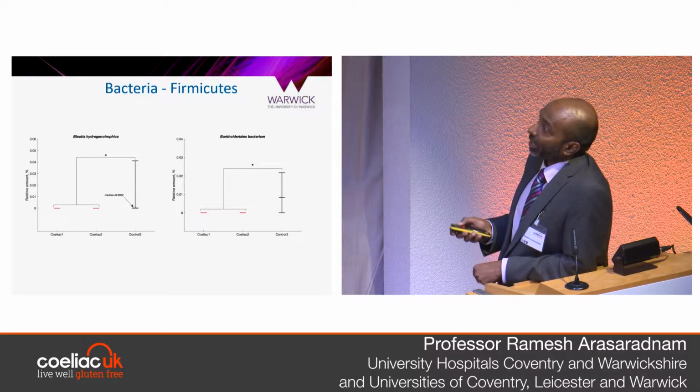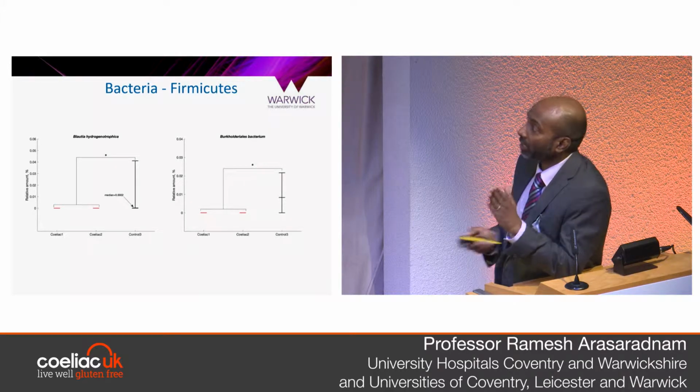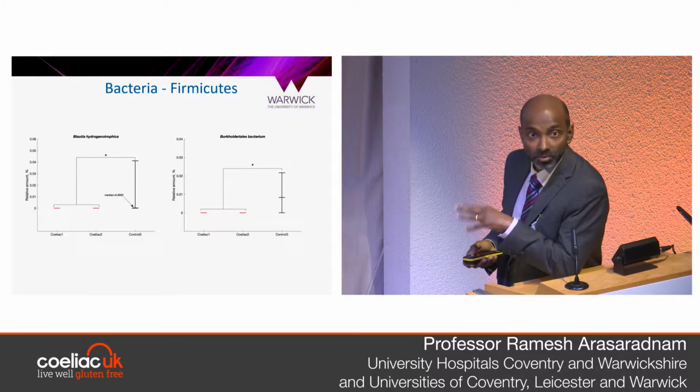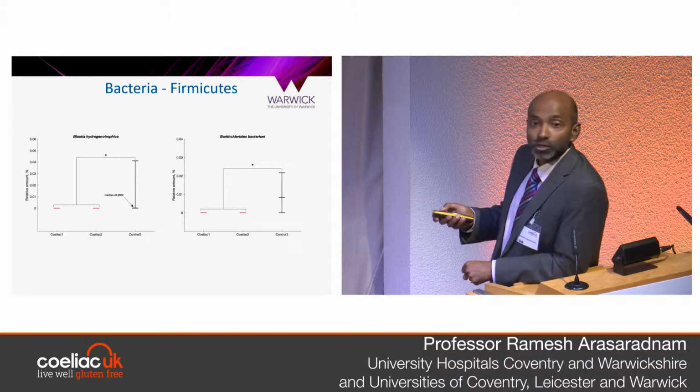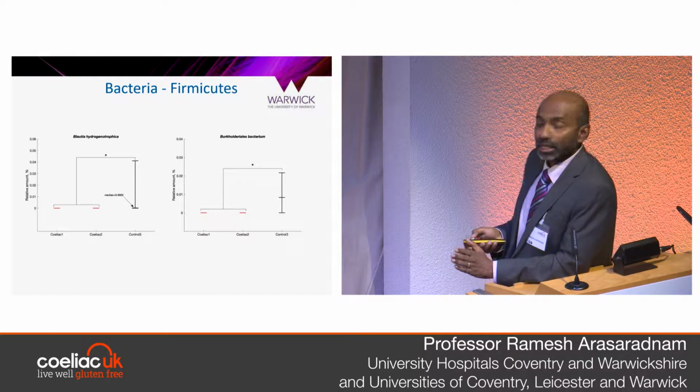But the interesting thing there, remember going back to celiac 1 and celiac 2: celiac 1 are your patients at time of diagnosis, so pre-diagnosis, and celiac 2 post-diagnosis, 6 months later after introduction of a gluten-free diet. And your control 3 were effectively those with a normal histology.